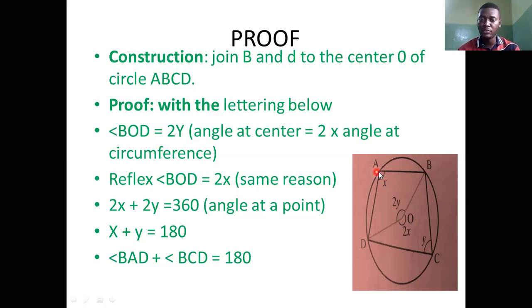So when all the corners of the quadrilateral are touching the circumference of the circle, then we call it a cyclic quadrilateral. Hope you understand what cyclic quadrilateral means. First, the quadrilateral must be inscribed in a circle. Then for you to call it a cyclic quadrilateral, the corners must touch the circumference.